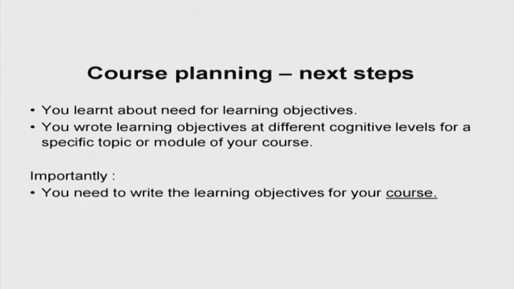The next step of course planning is that you need to think about the learning objectives for the entire course, or at the course level. What I mean here is that your course or the subject that you are teaching has various modules. Usually it's about 5 to 8 modules per 40-hour course, which is a very standard number.